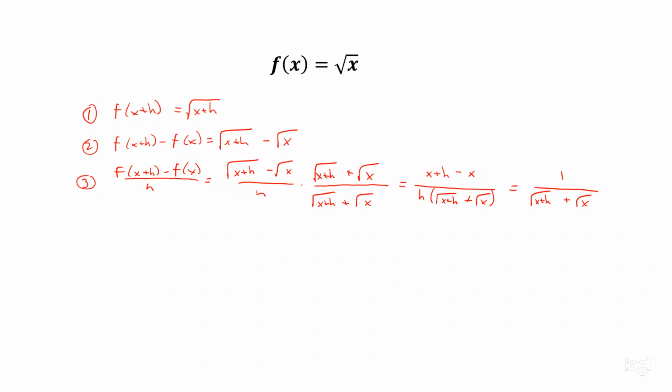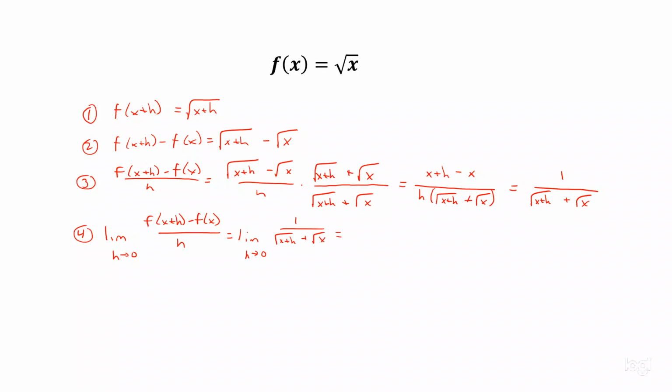Finally, we're going to take the limit as h goes to 0. So the limit of the difference quotient. Limit h goes to 0, f of x plus h minus f of x divided by h equals, limit as h goes to 0, 1 over square root of x plus h plus square root of x.